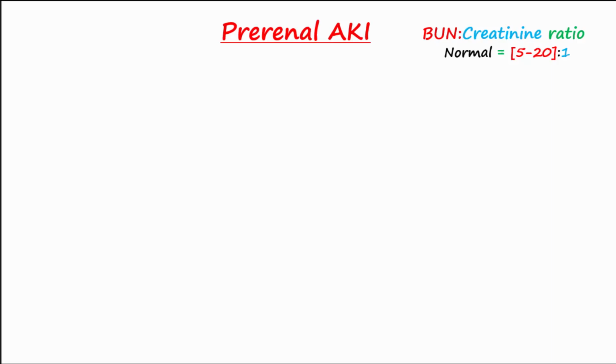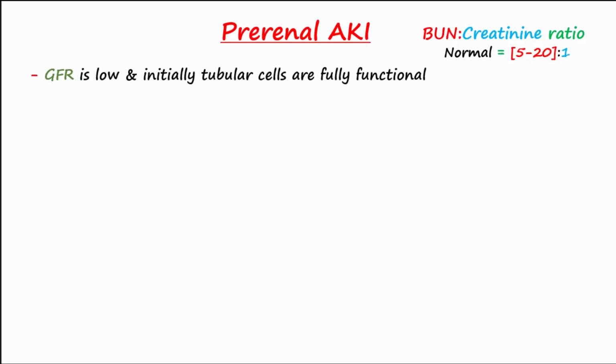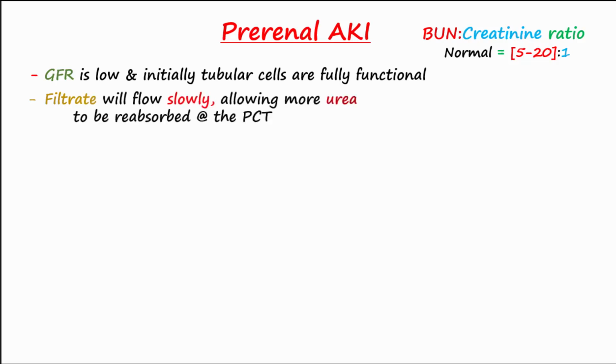Remember that with prerenal AKI, GFR is low and the tubular cells are fully functioning. Because GFR is low, the filtrate will flow slowly through the nephron, allowing more urea than normal to be reabsorbed at the PCT.